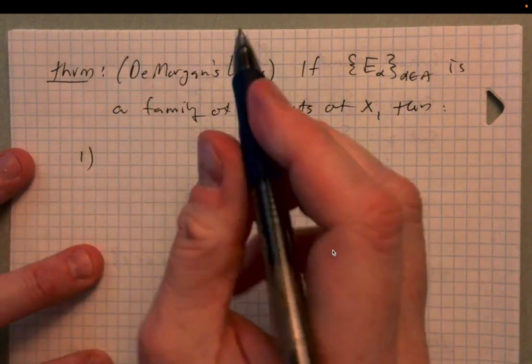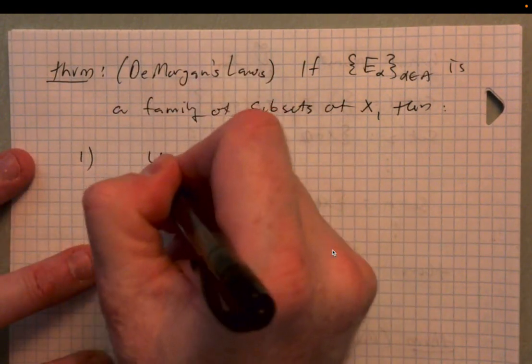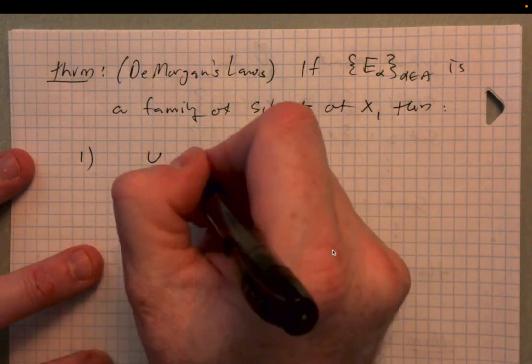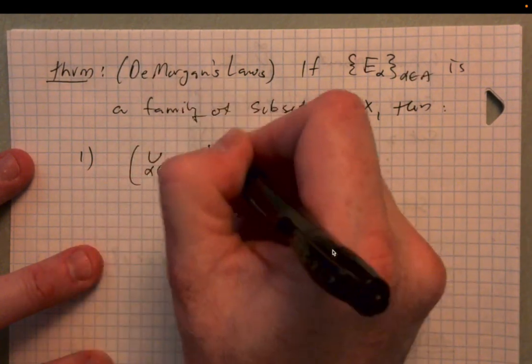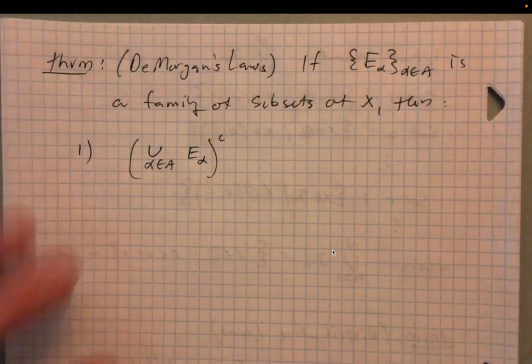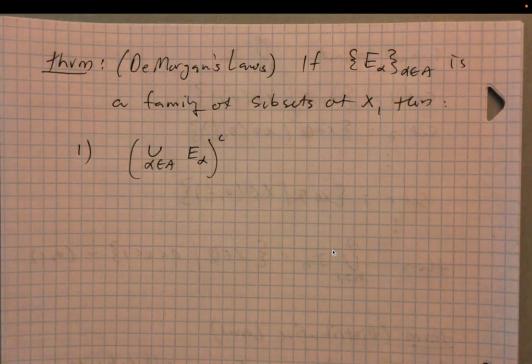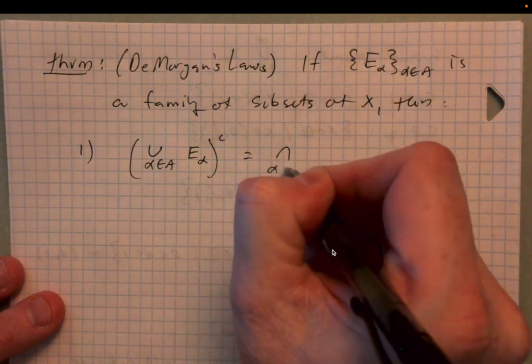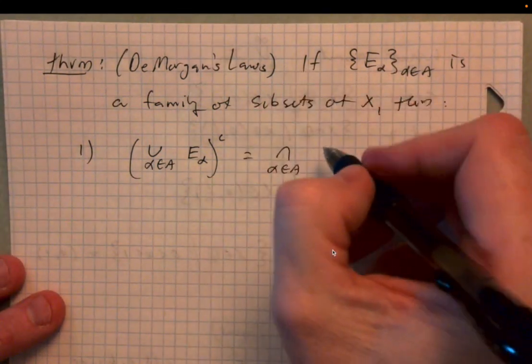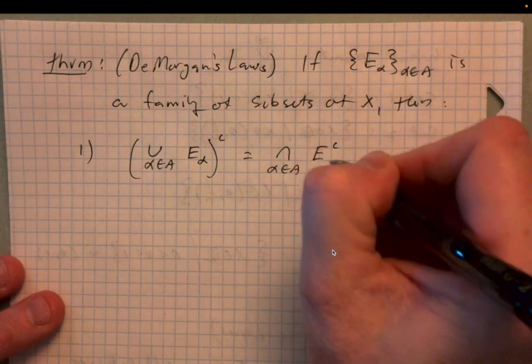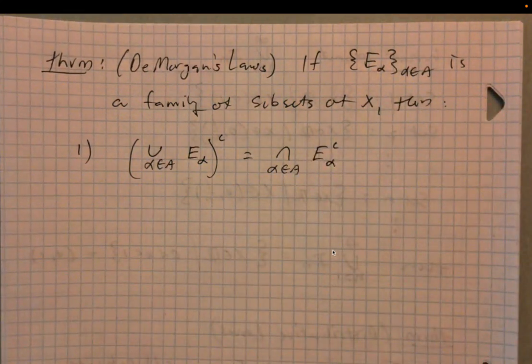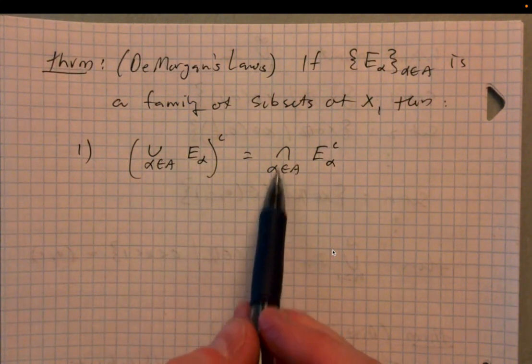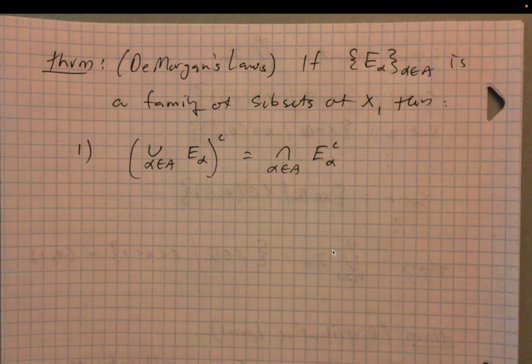Well, the complement of the union of this indexed family is equal to the intersection of the complements of the indexed family, the individual complements of the indexed subsets. Okay, so the complement of the union is equal to the intersection of the complements.